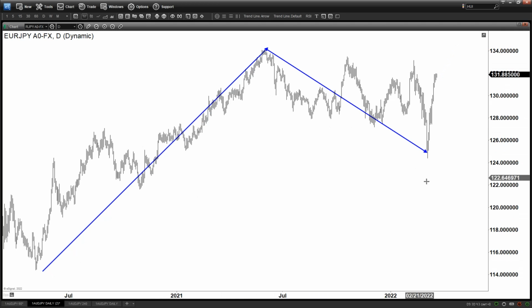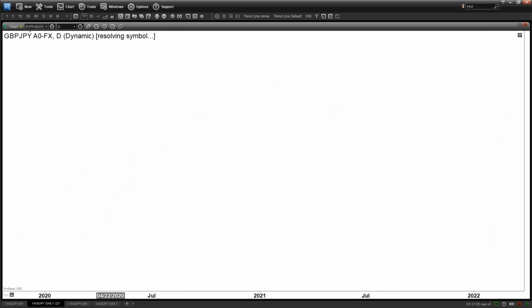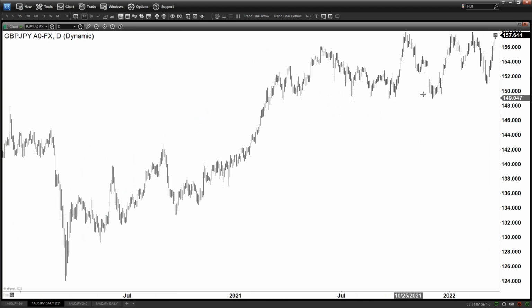Now this favors the idea that this is not wave 5 from the March 2020 low. This is really a new bullish leg. Now if that is a new bullish leg, that means you can assume the Aussie yen and all the other yen pairs are also in a new bullish leg. It's not really a wave 5 from the March 2020 low.